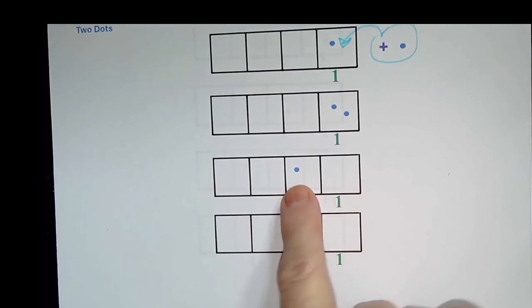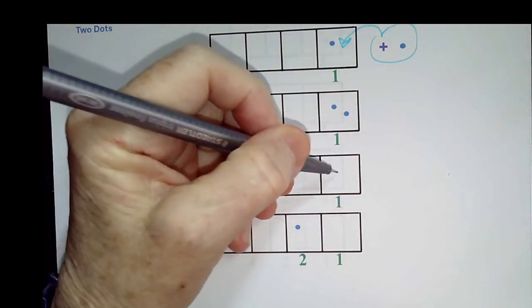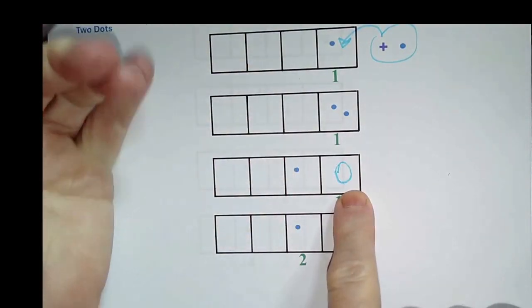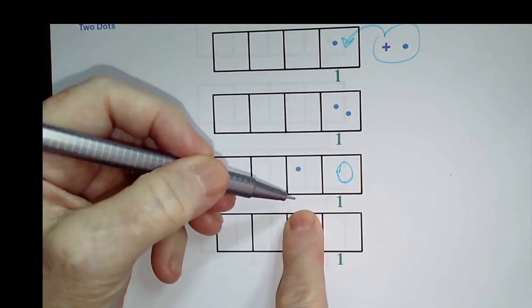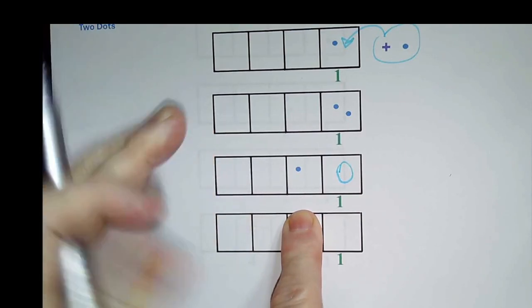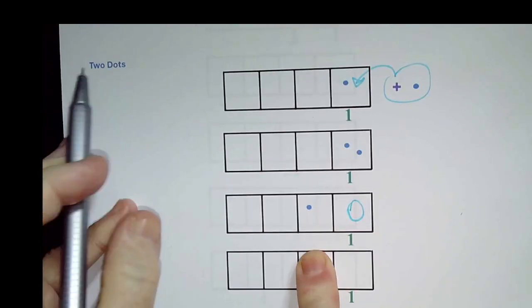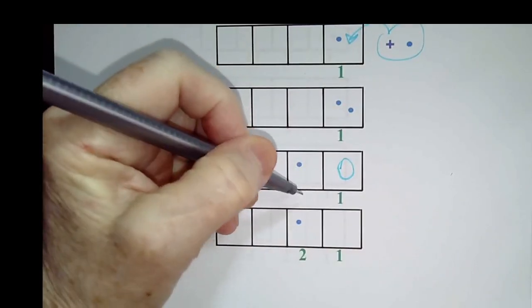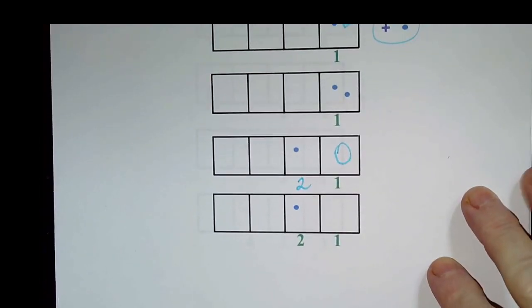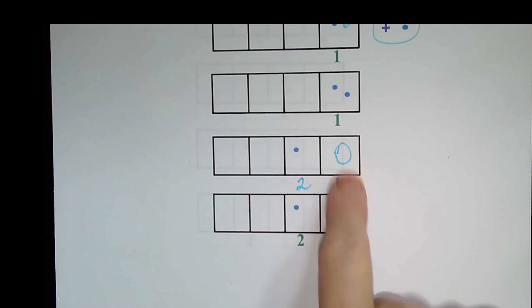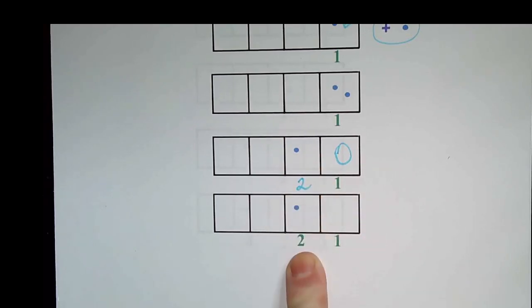But let's see, we've got 0 dots left in the 1's place and 1 dot in the box to the left, and we had 2 dots total. So let's label this box 2. So now we've got the 1 box and the 2 box labeled.